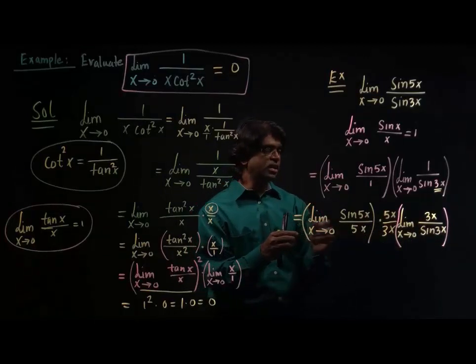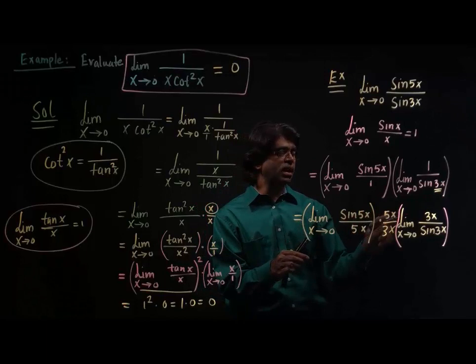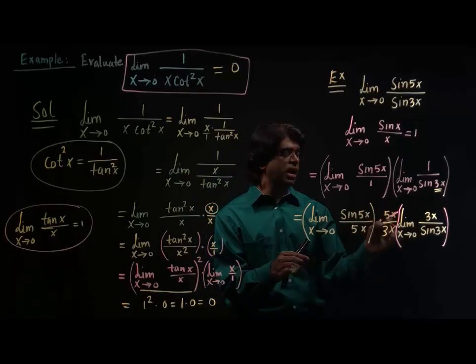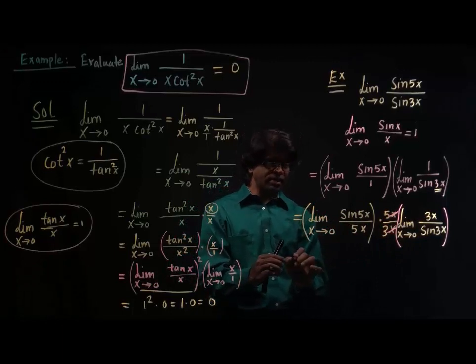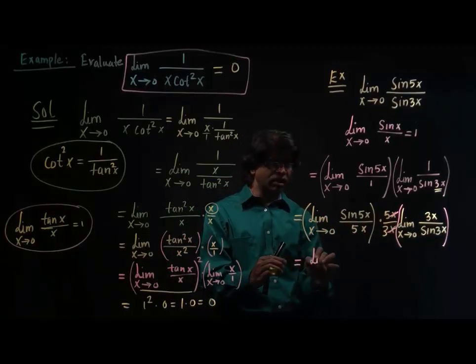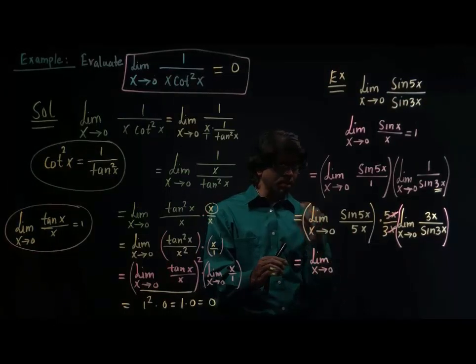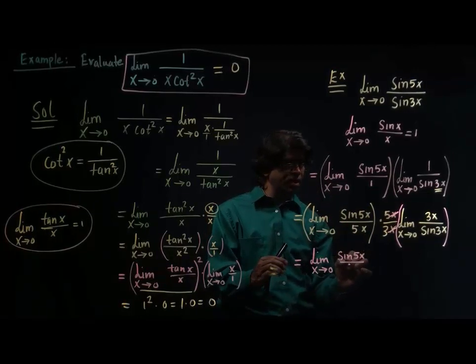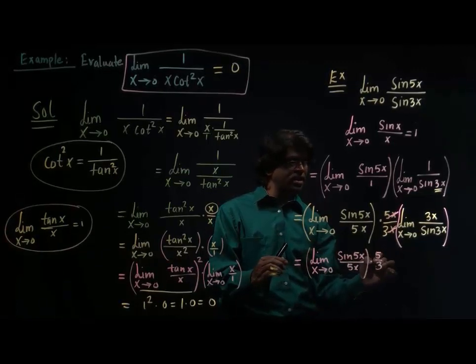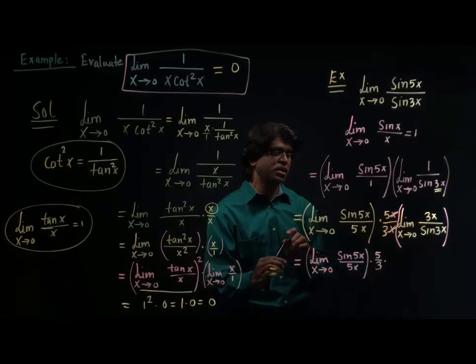So, as you can see, when I divide 5x by 3x, I can easily cancel my x out, right? So, let's simplify and rewrite this expression. And if I do that, I will write this one as limit x tends to 0, I have sine 5x over 5x, right? Times what I have, 5 over 3, because x is cancelled out from numerator and denominator.